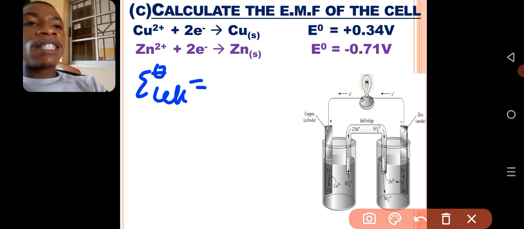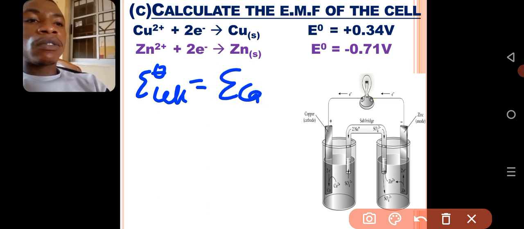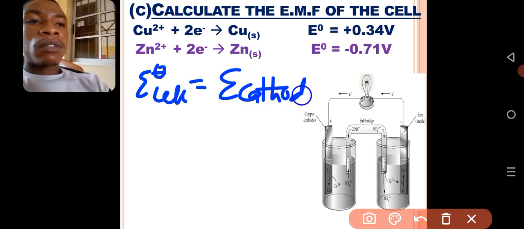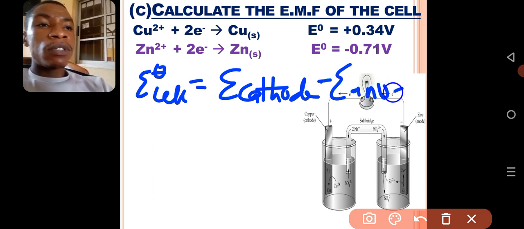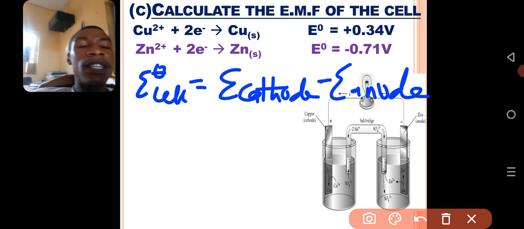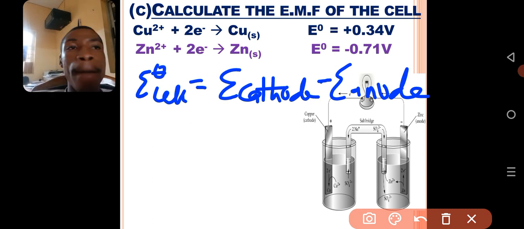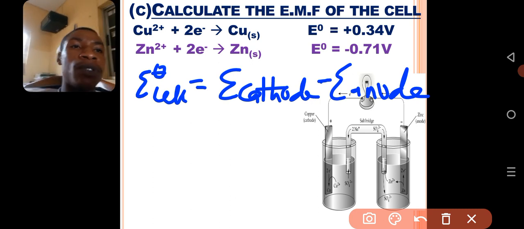E naught cell is E cathode minus E anode. Don't forget that. E cathode minus E anode.